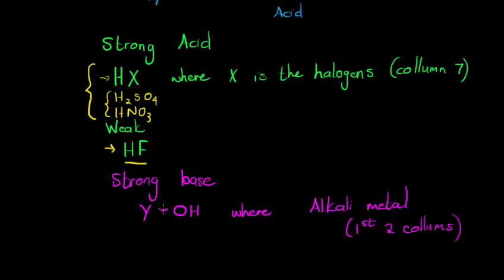If I have any of the first two columns in here, it should be quite a strong base. Weak bases would usually be a base that doesn't have the OH in it. One of the most common weak bases that you will encounter is ammonia.